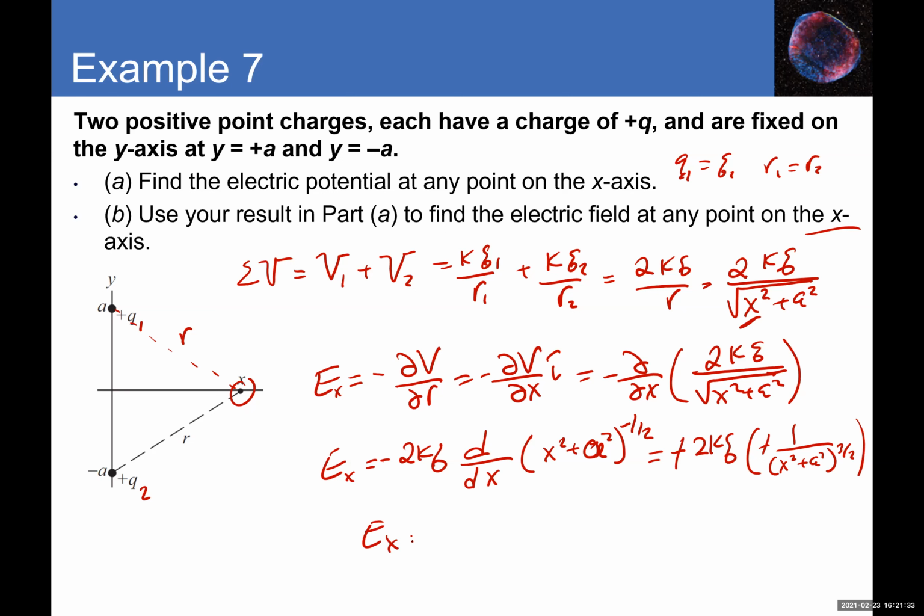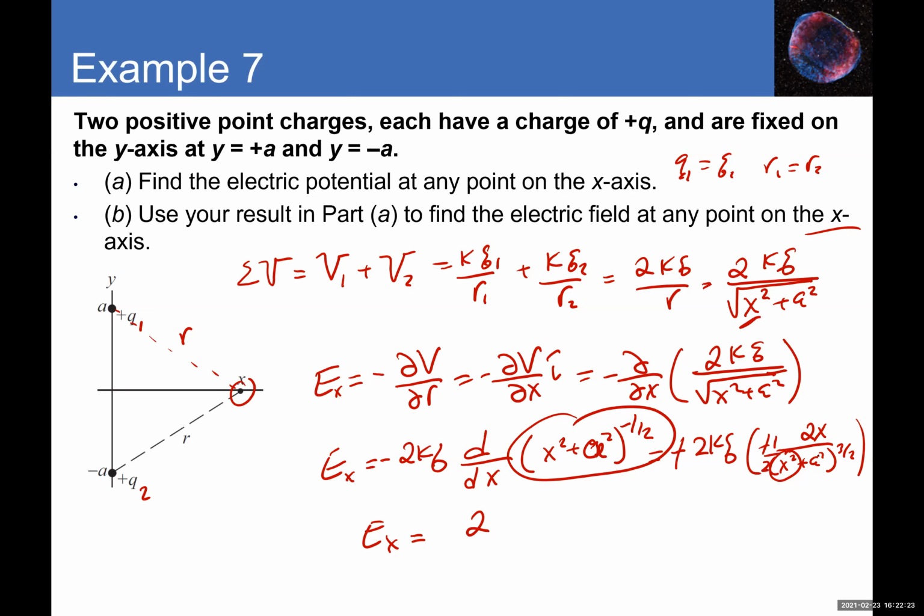I also have to take the derivative of the argument, x squared, which gives me 2x. So I take the derivative of the outside first, which gives me negative 1 over x squared plus a squared to the 3/2, and then the derivative of the argument, which gives me 2x.